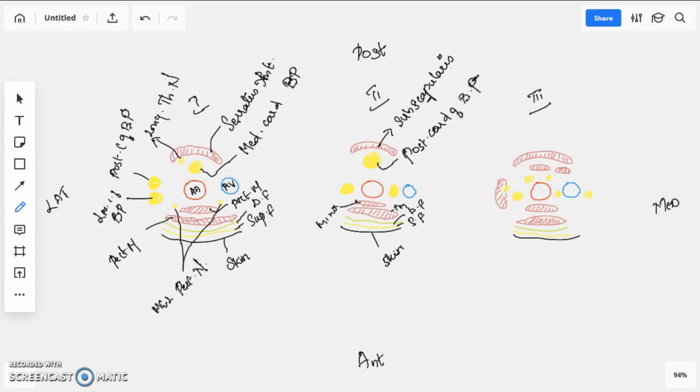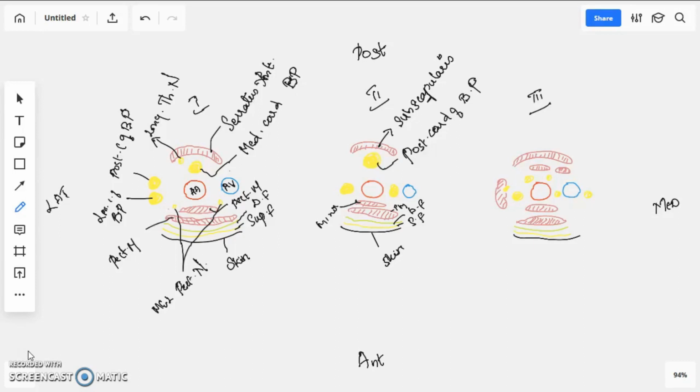Here you should remember, in the second part the posterior cord of the brachial plexus is seen in the posterior aspect. So now the anterior and posterior relations of the axillary artery will be clear to you.